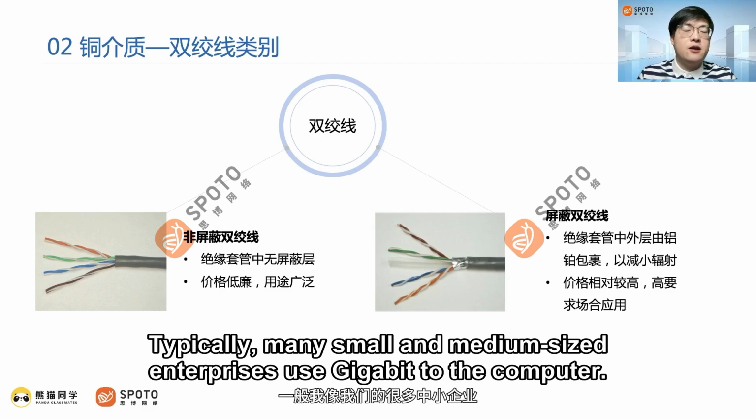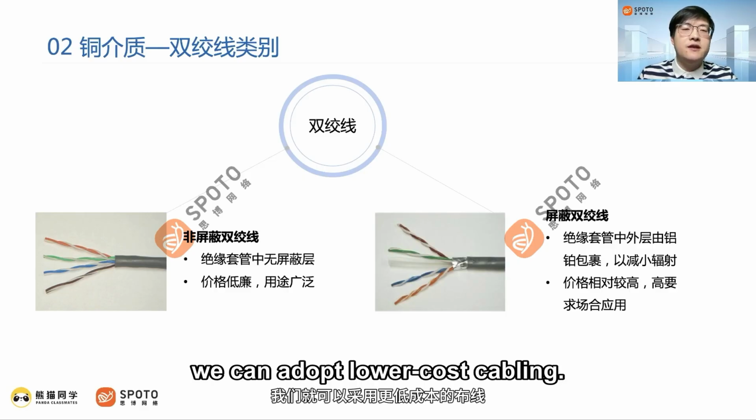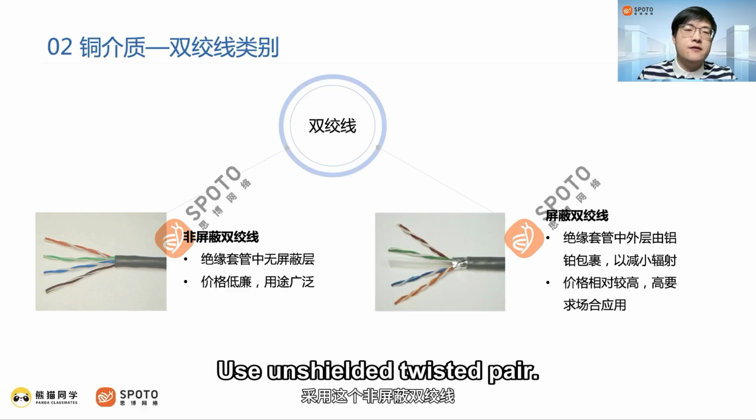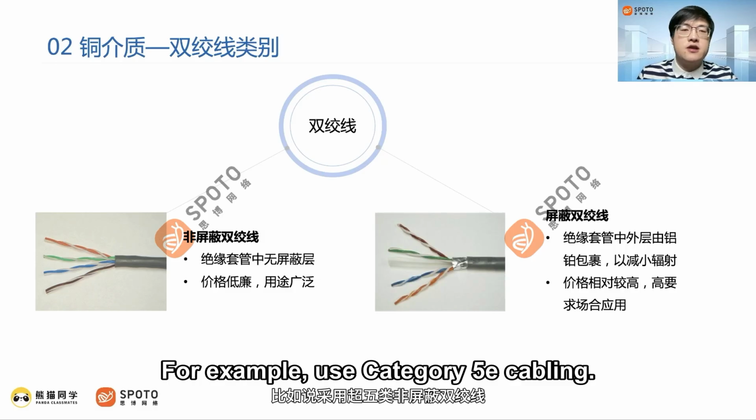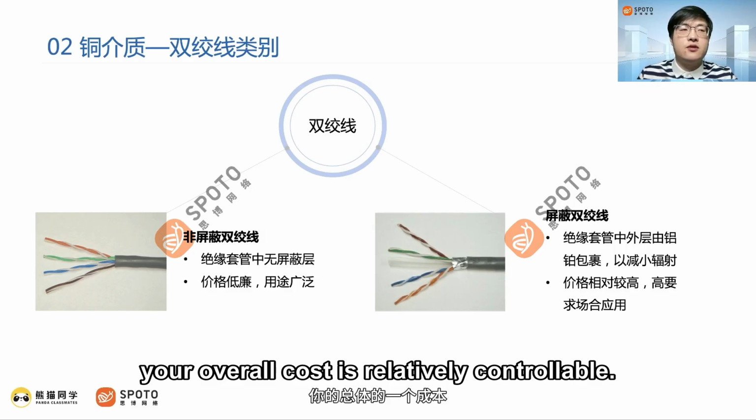Typically, many small and medium-sized enterprises use gigabit to the desktop, right? In this case, we can adopt lower-cost cabling. Use unshielded twisted pair. For example, use Category 5e unshielded twisted pair for cabling. In this way, your overall cost is relatively controllable.